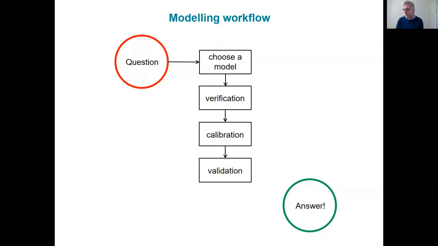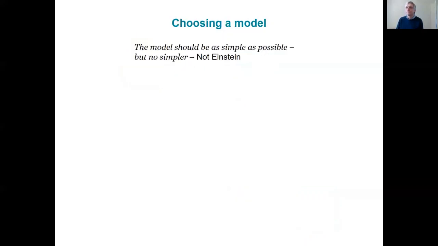Validation, sometimes people prefer to say evaluation, but we need to establish that the model is behaving in a way that fits the data, that's representing the phenomenon we're studying, such that we can trust the model, such that its predictions are credible. And having gone through all those steps, we perform the model experiment and we get some output, and based on scrutiny of the output, we come up with, hopefully, an answer. So let's go through those steps and some aspects of what it's all about.